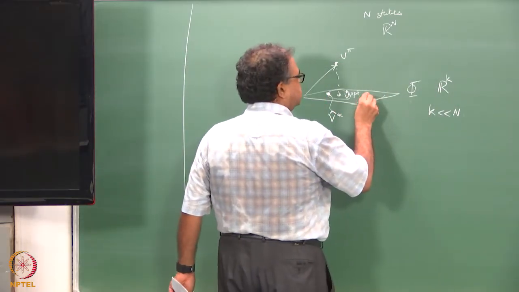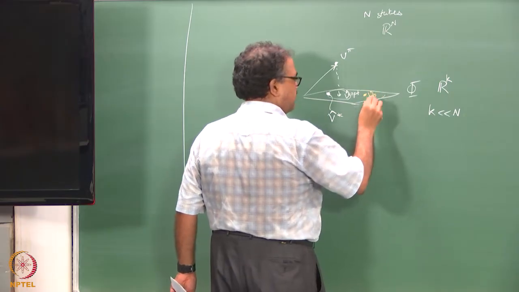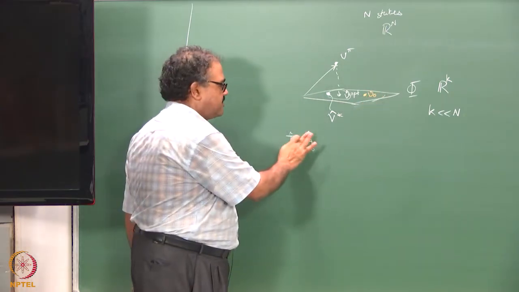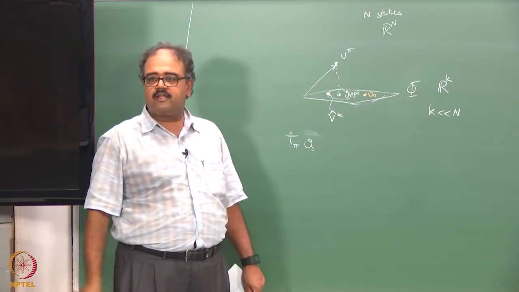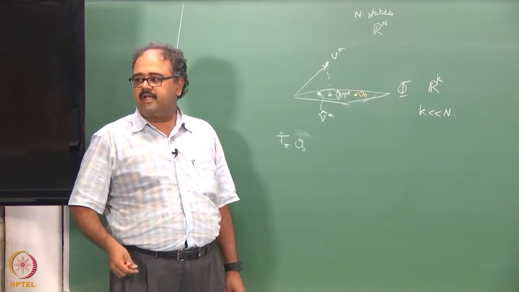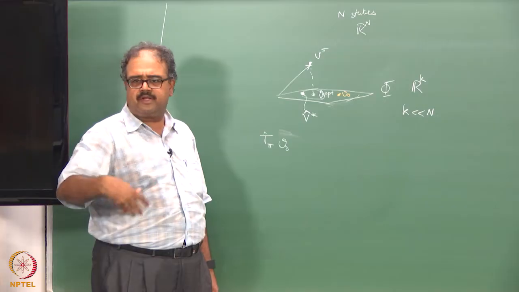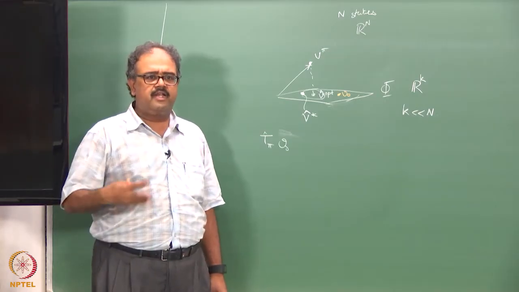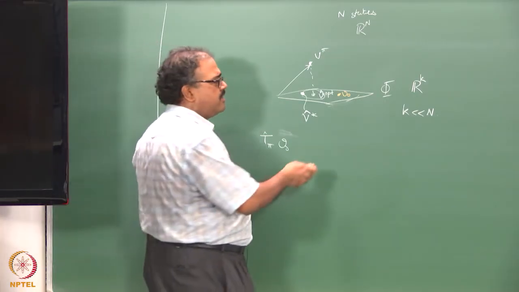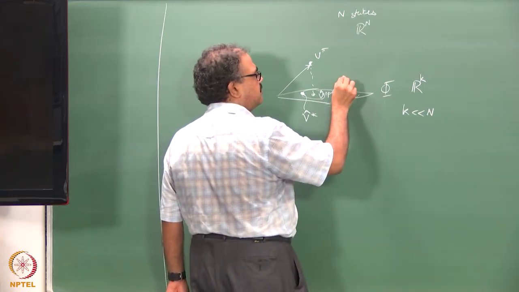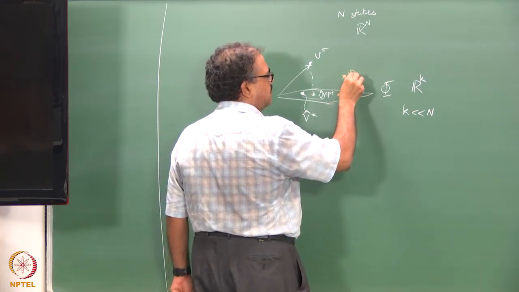So I start off with some V naught, there is no approximation here. I apply T pi on it, whether it is one round of TD update or anything else. Then this will go to V1.